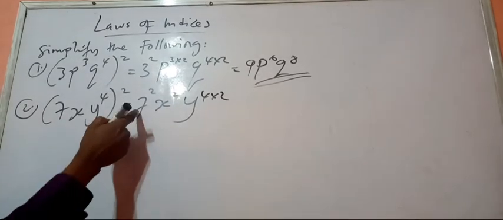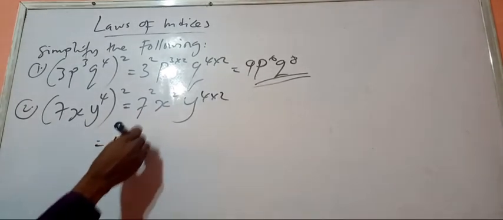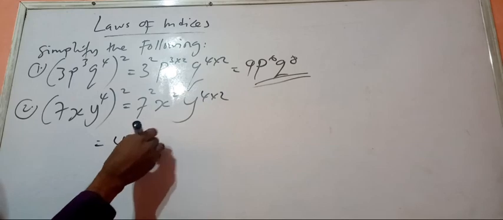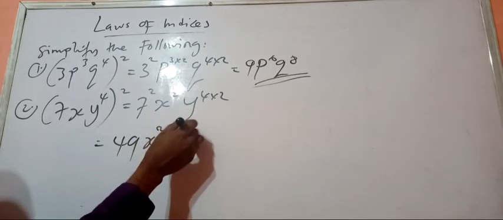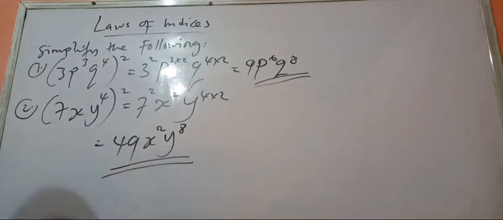So we have 7 times 7, 49, s to the power 2, then y raised to power 8. Final answer.